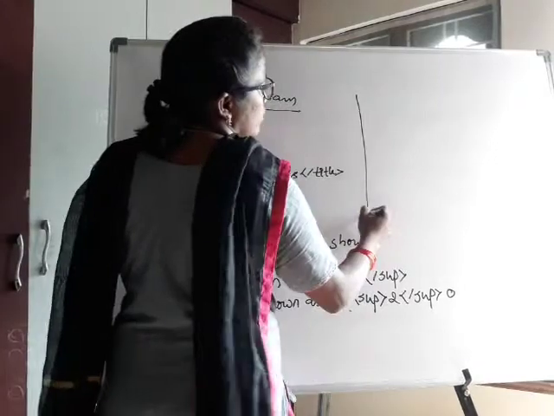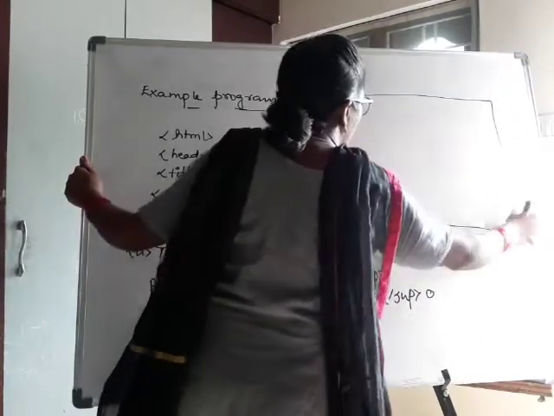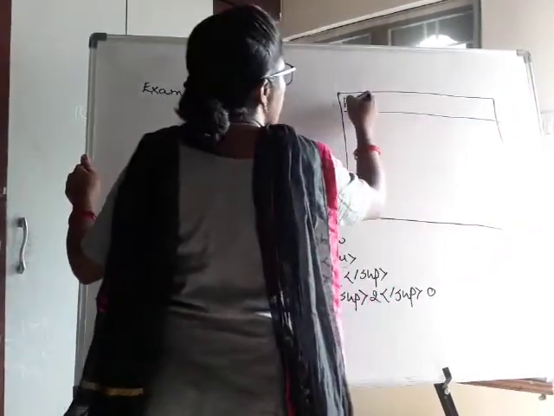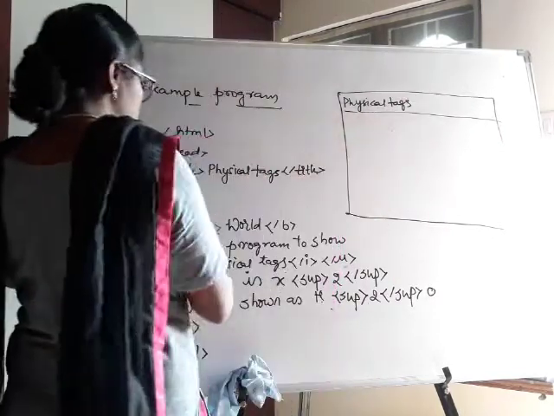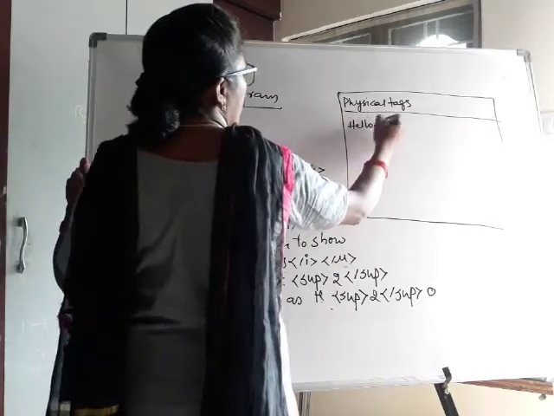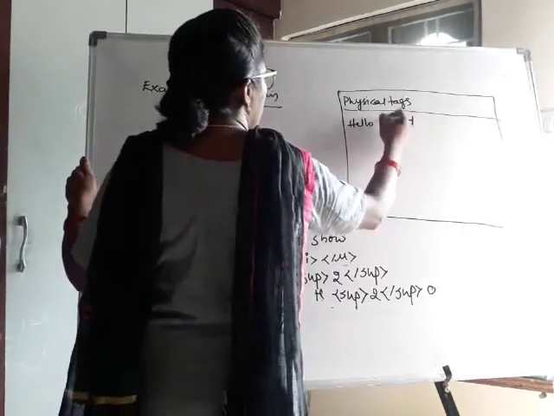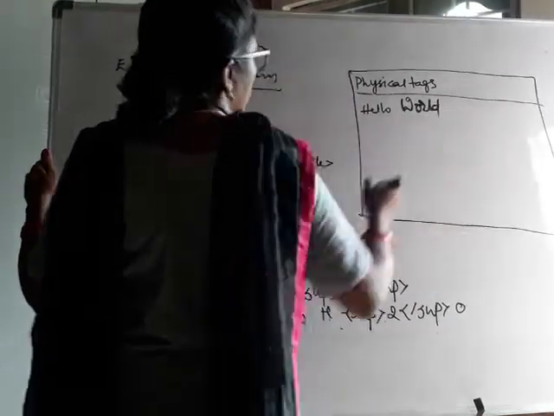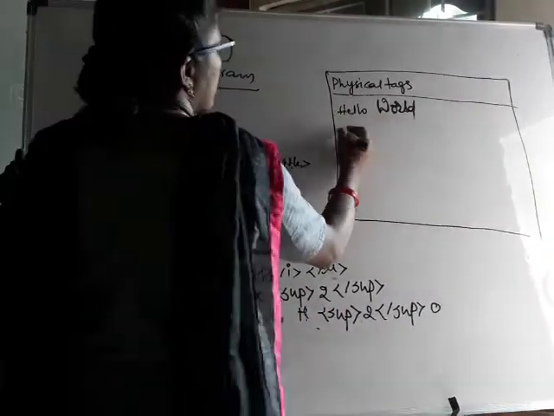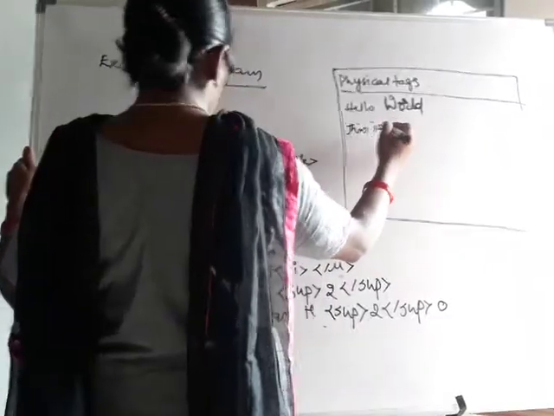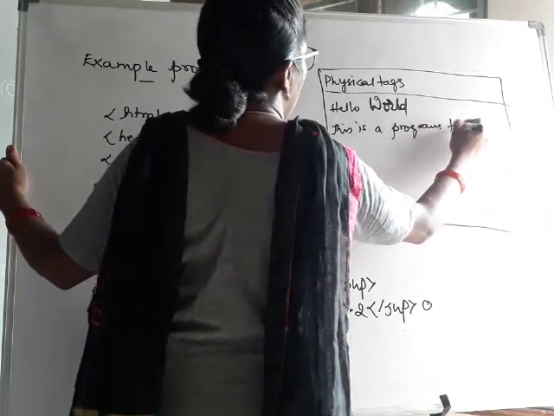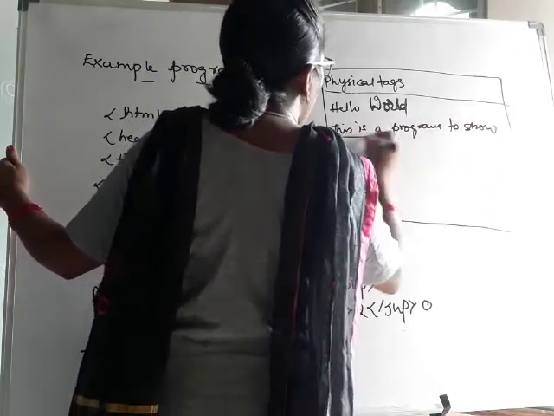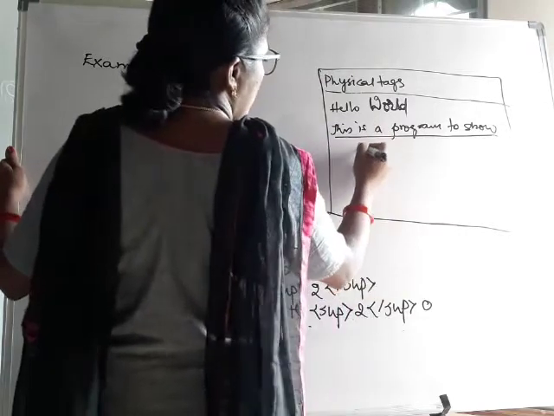So what will be the output for this program? The title part shows it is physical tags. And next, hello world. This is shown like this, the bolder one. Next, this is a program to show physical tags, so everything is underlined.